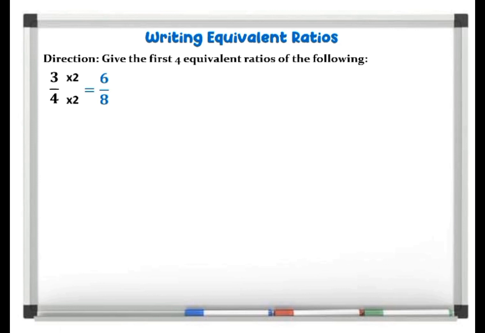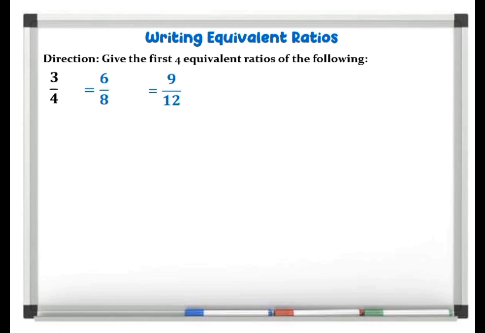Okay, next, let's try multiplying 3 and 4 by 3. Okay, so 3 times 3, the answer is 9. 4 times 3, the answer is 12. So, 3/4 or 3:4 is equal to 9 over 12. Next, na-multiply na natin sa 2 at saka sa 3.